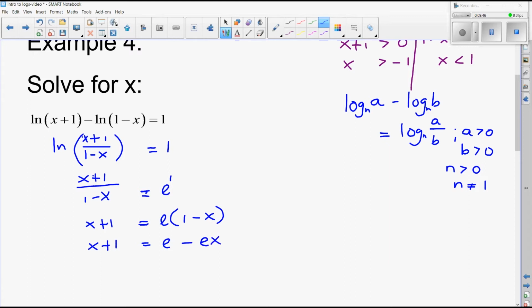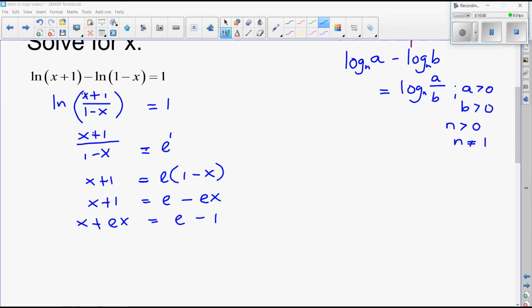I'm going to take all the terms that contain x to the left-hand side and all the constants to the right-hand side. So I have x plus ex equals e minus 1. We take out x as the highest common factor. So I have x times 1 plus e equals e minus 1. So x equals e minus 1 divided by 1 plus e.